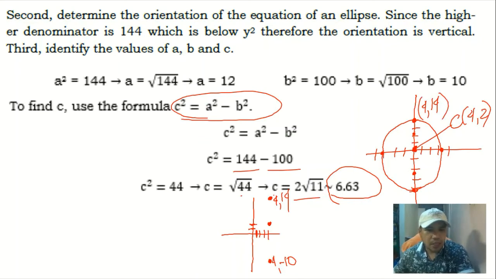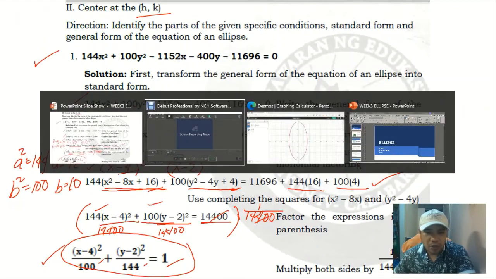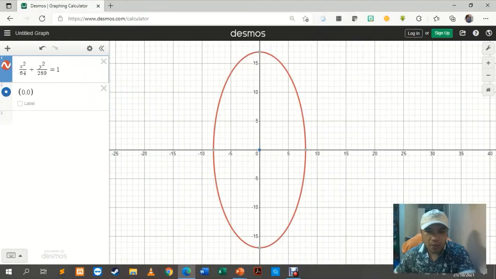Then, let's try to plot it sa Desmos. So, x minus 4 quantity squared over 100. Y minus 2 quantity squared over 144.